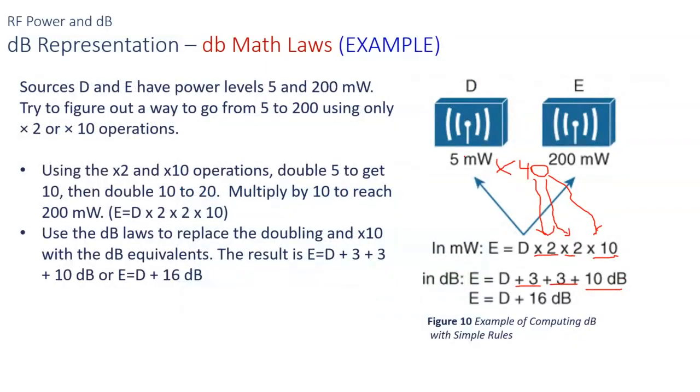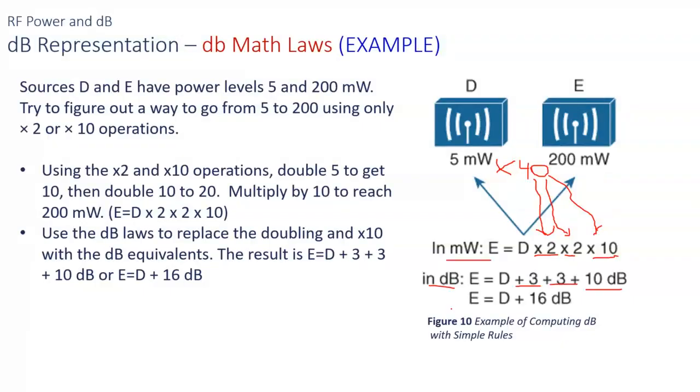So instead of multiplying by 40 to know the difference between source D and E, I will multiply by 2 times 2 times 10. This is in milliwatt. In dB, this is converted to D plus 3 plus 3 plus 10. 3 plus 3 plus 10 equals 16 dB.